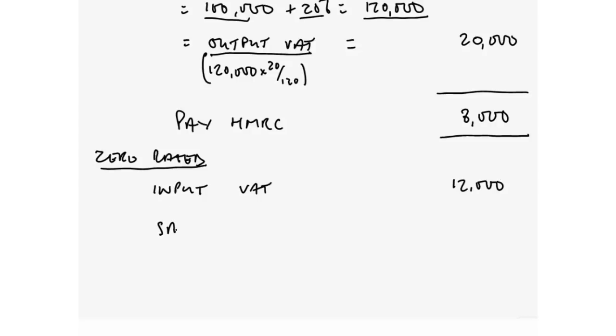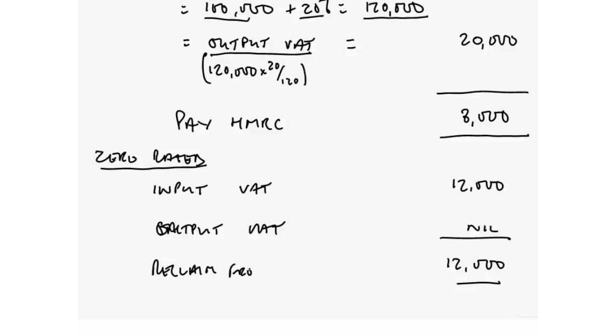Our output VAT on sales would be nil. So this time we have suffered more input VAT than there is output VAT. This time, therefore, we could reclaim from HMRC £12,000. Instead of us paying them, they will pay us. We can reclaim from HMRC the £12,000 worth of input VAT that we have suffered.